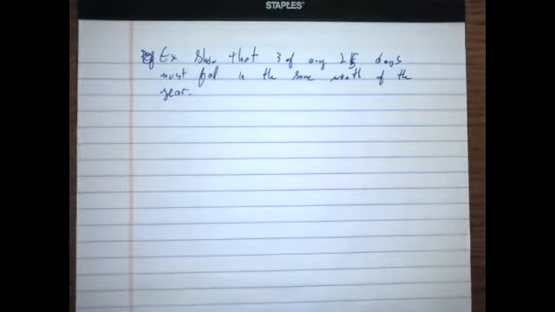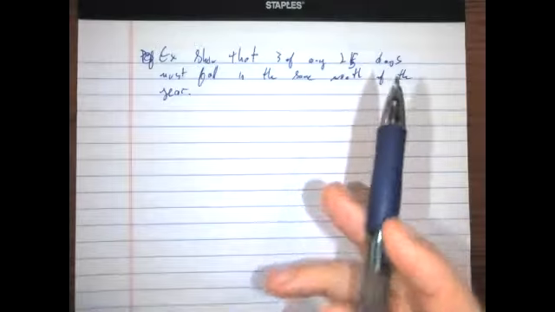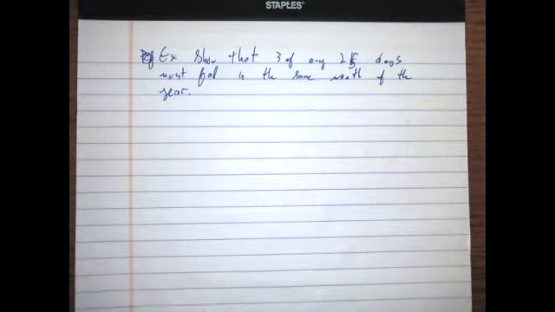So essentially what we're saying here is that you pick 25 days out of the 365 days of the year, and if you pick 25 days, then there must be 1 month that contains 3 of those 25 days. So if we want to use proof by contradiction, how do we contradict this statement?